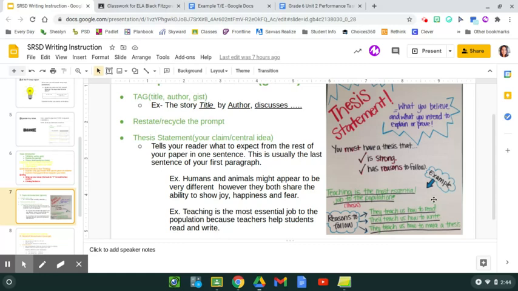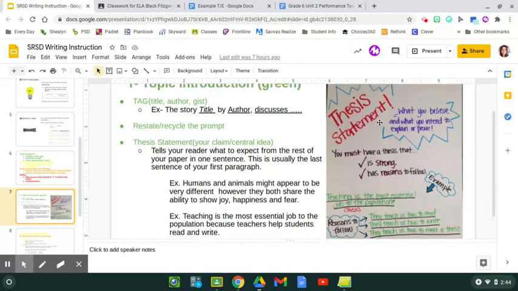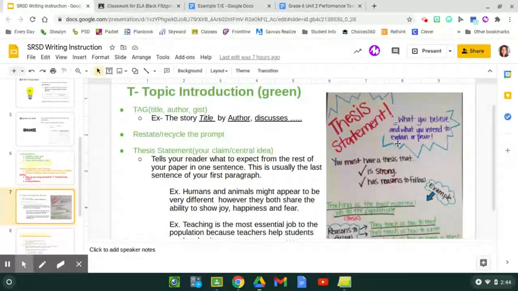I just put this little image over here of what a thesis statement is. It's what you believe or what you intend to explain or prove. So for explanatory essays, it's going to be what we intend to explain. You must have a thesis that is strong and has reasons that follow. So I want to look at a couple examples of topic introductions.